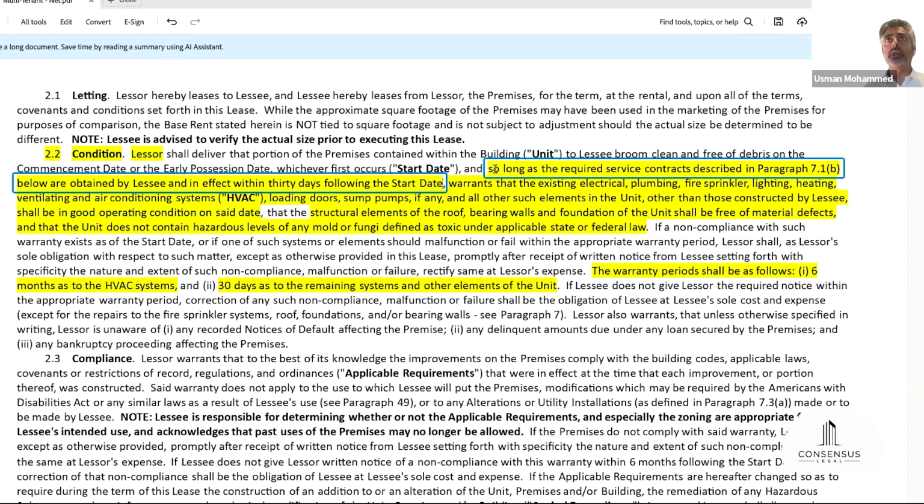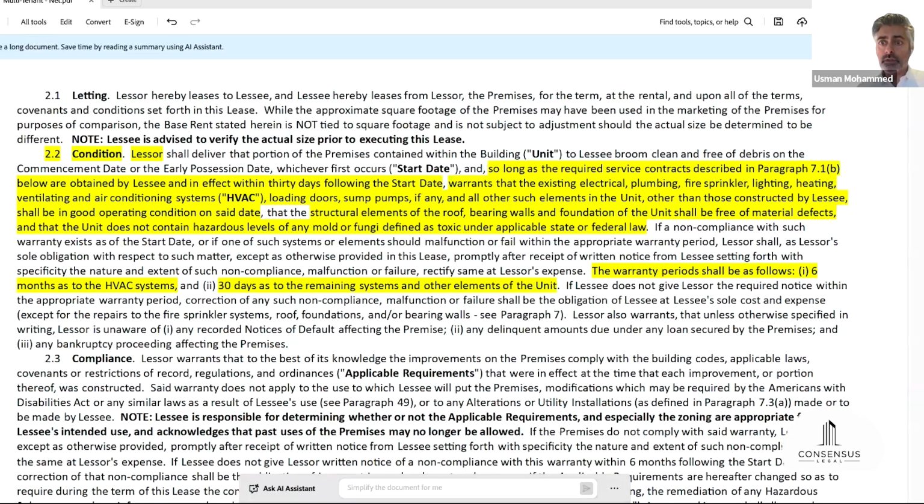And that condition is so long as the required service contracts below are obtained by lessee and in effect within 30 days following the start date. So you want to make sure your clients don't lose out on that warranty, and ideally they would obtain those service contracts sooner rather than later.